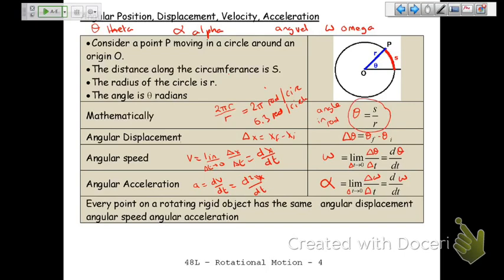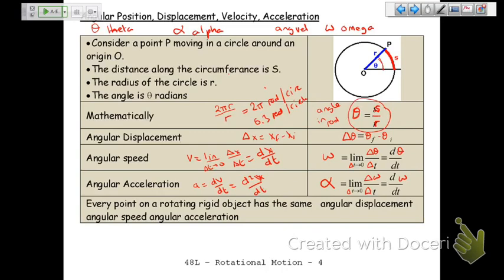What are the dimensions for the radian? The radian is equal to the distance traveled round the arc divided by the distance of the radius. What dimensions is a length divided by a length? Not a trick question, it's just what is it?